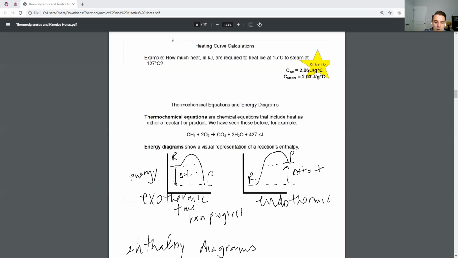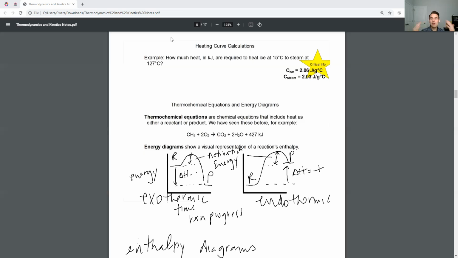Now that hump right here, this little area right here, that's known as my activation energy. We're going to talk more about this when we talk about kinetics, but the activation energy is the energy that's needed in order for the reaction to occur. So you can see the activation energy on both of them is that little hump.